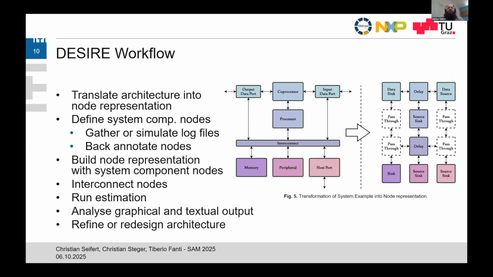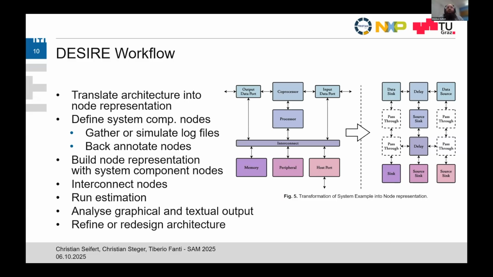Now that we've established the inner workings of the back-annotation process and defined what nodes are in our context, we can take a closer look at our methodology itself. For the tool's workflow, we start off with a high-level architecture consisting of system components. This architecture is then translated into a node representation, which can be seen as an example in Figure 5, where you can see the system on the left side and the node representation on the right side.